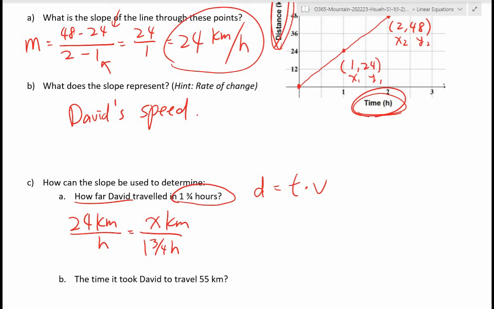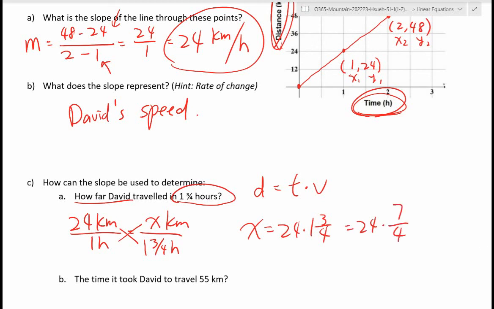D equals TV. T is the time, V is the velocity or the speed in this case. Either way, you'll get the same result, because when you solve this, if you cross multiply, 1 times X is just X, and you have 24 times 1 3/4. You can see time is this and velocity is that, so it gives you the same thing. This is going to be 24 times 7 out of 4.